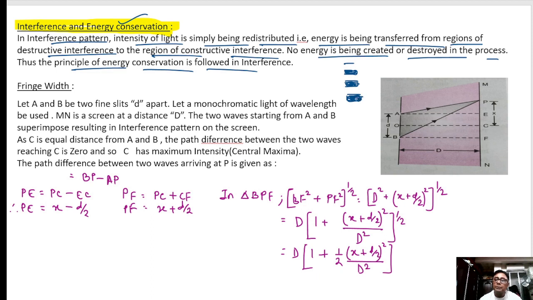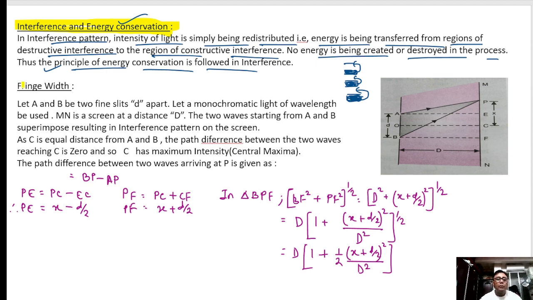No. It is being transferred to the bright band. So no energy is created or destroyed, energy is just being transferred. So the energy conservation principle is still obeyed in interference.